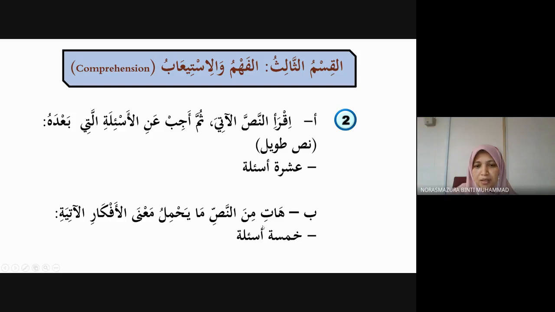So which part from the text is similar to this hadith or this ayah? Same meaning. This is number 2. 5 marks also from here.